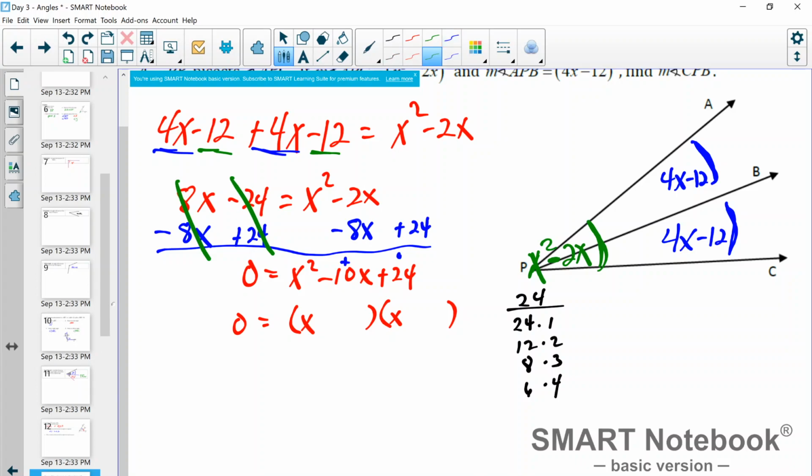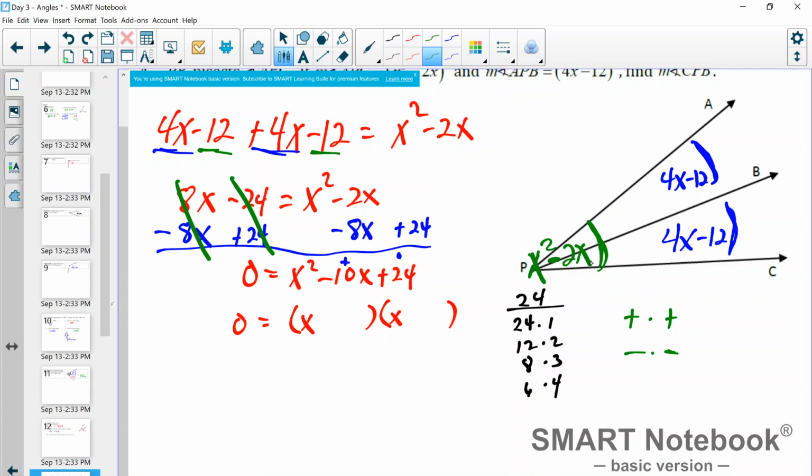We know it multiplies to be a positive 24. And the way to get a positive when I multiply is by multiplying numbers with the same sign. So this means I'm either going to multiply a positive times a positive or a negative times a negative. The question becomes, which pair am I going to use?